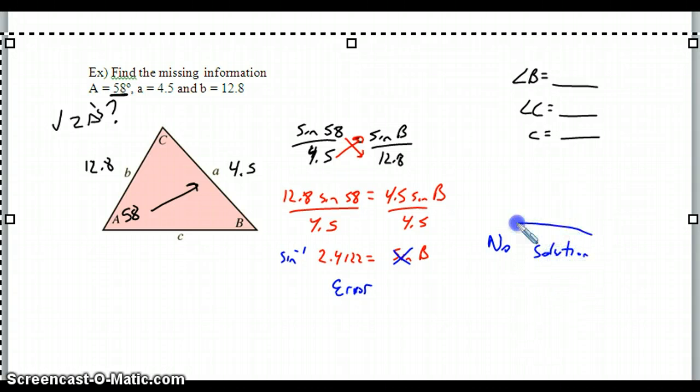So now we have to keep in mind that we may have one triangle that could exist. We may have possibility of two different triangles that could exist if we're given one acute angle. Or, depending on the information that we have, we will not have a triangle that has this given information. So we could have no triangles that could occur. And your calculator will tell you when the no triangles will occur because you're going to get that error.